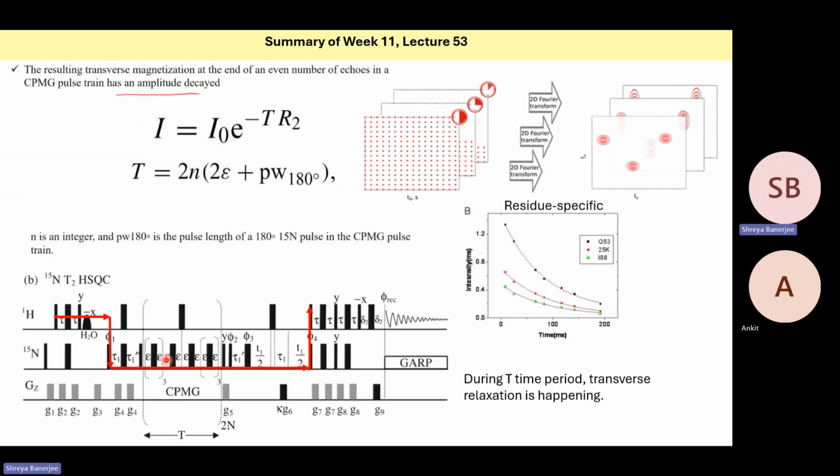Time gap is 2 epsilon, you divide by 2 and you get epsilon. So this capital T is calculated like this. So from the experiment you will obtain different intensity at different time. You can fit that plot using this equation, and then you will be able to find the value of R2, that is the transverse relaxation rate.